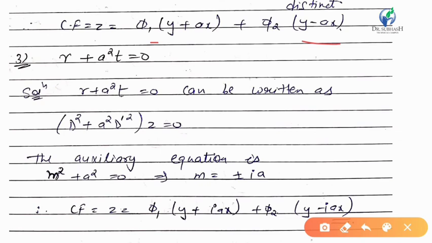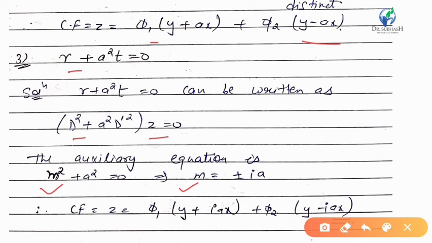Now let us take one more example. The question is solve r plus a square t equal to 0. Now this again can be written as D square plus a square D dash square z equal to 0. The auxiliary equation can be written as m square plus a square equal to 0. So m equal to plus or minus ia.